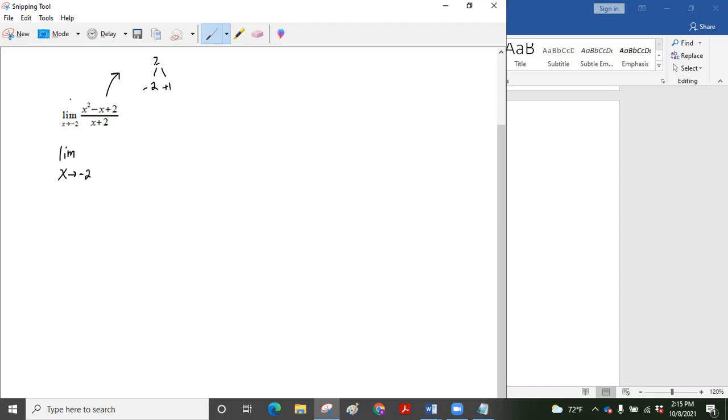It has to multiply to positive 2. If you do 2 and 1, then it multiplies to positive 2. If you do negative 2 times 1, it would multiply to negative 2. So you want it to be positive 2, so it's going to be 2 and 1. But then you notice that it should essentially also add to negative 1.